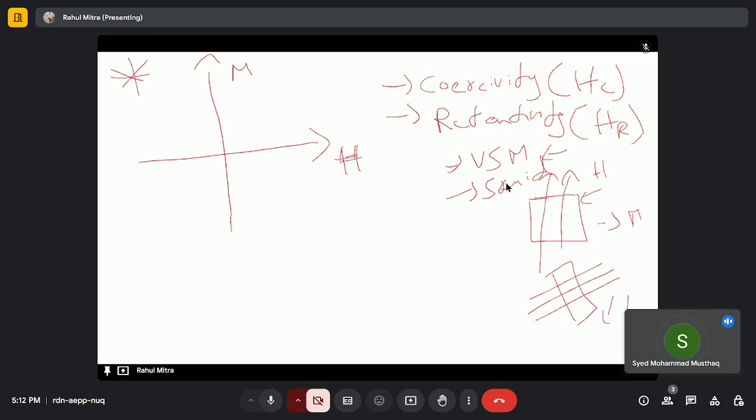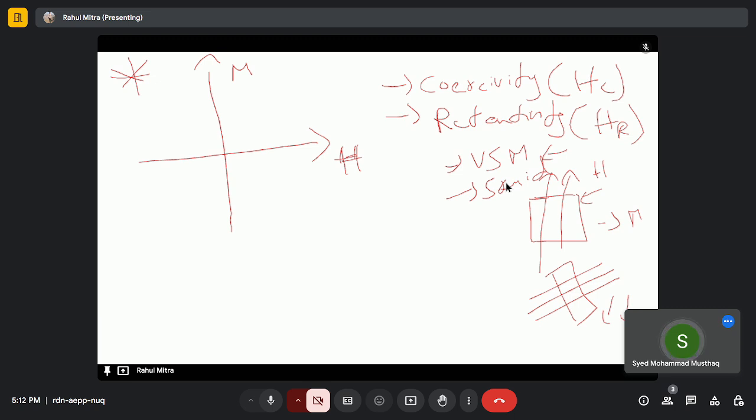It is based on Faraday's law of induction. This signal is again taken through some rectifiers to amplify it, and this signal is displayed, and this is our magnetization, right? So that is the main principle behind VSM.